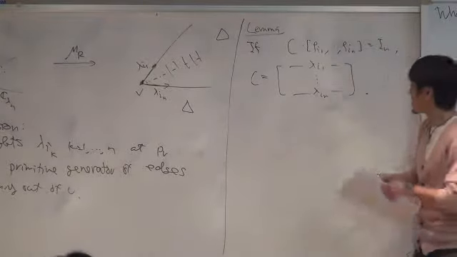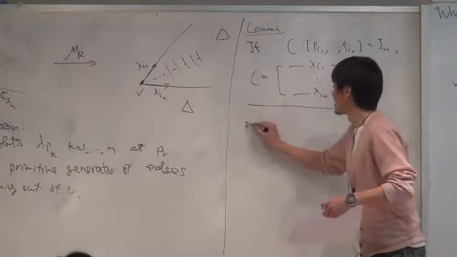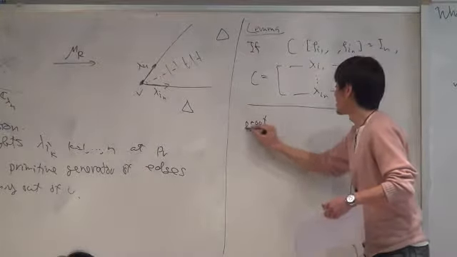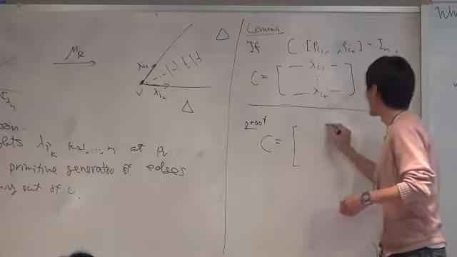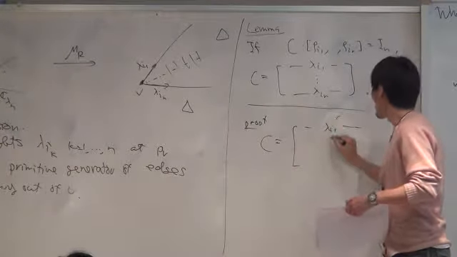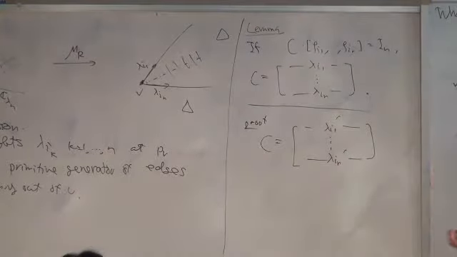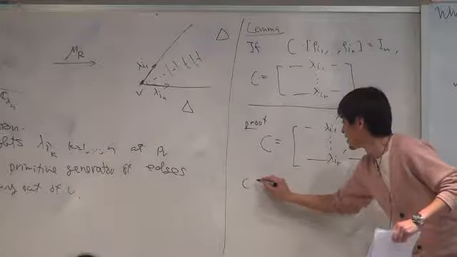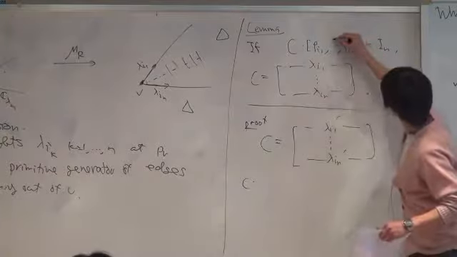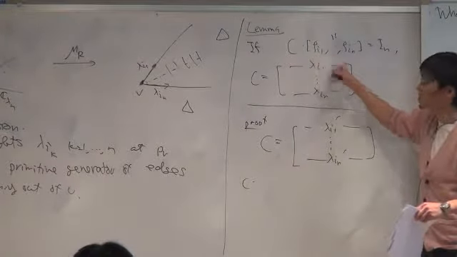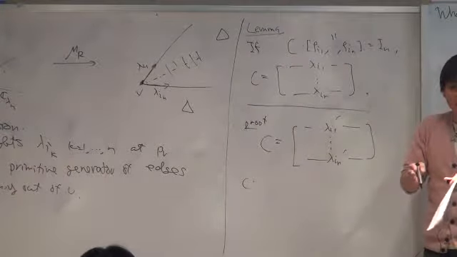So maybe just let's do lambda I1 prime, lambda IN prime, right? So I call this rho, so this is a submatrix of this B matrix, right?